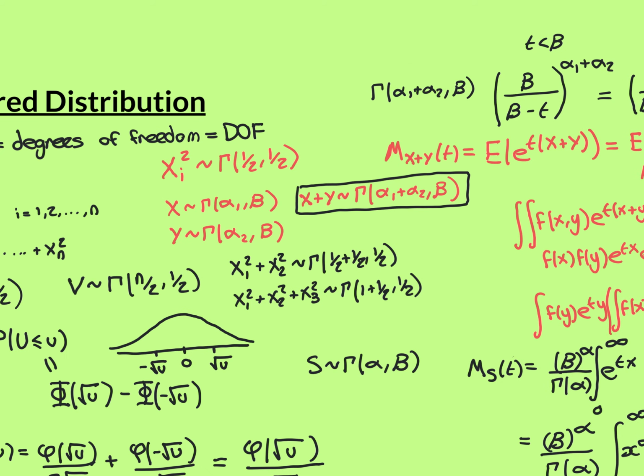So overall, I hope I've given you a decent enough argument as to why, if X and Y are independent and X is distributed gamma alpha 1, beta and Y is distributed gamma alpha 2, beta, where this beta is the same for both of them, then if you consider the third random variable, which is the sum of the two, it will be gamma distributed alpha 1 plus alpha 2, and the beta parameter stays the same.